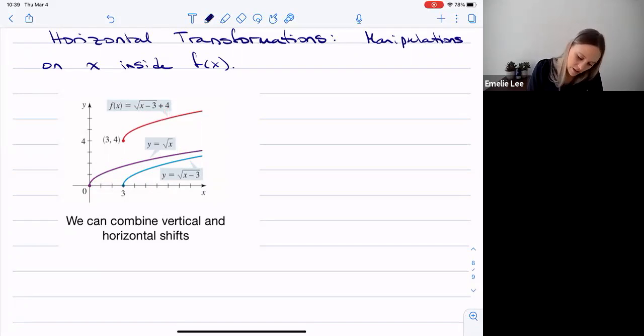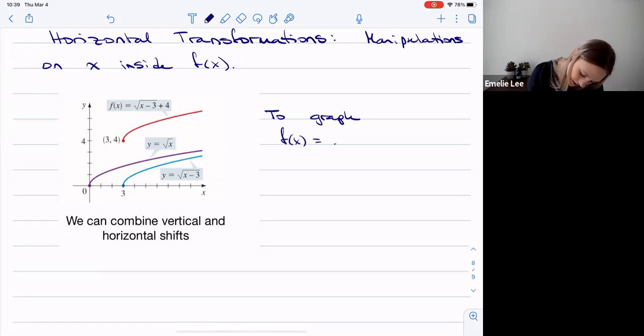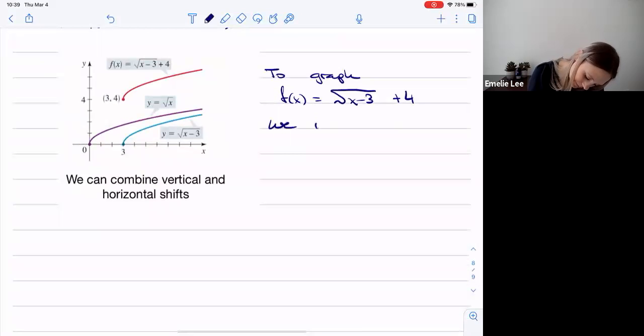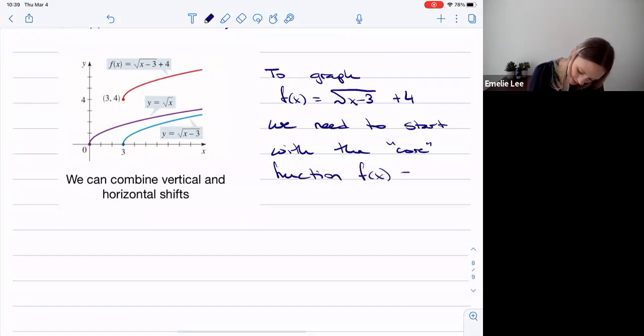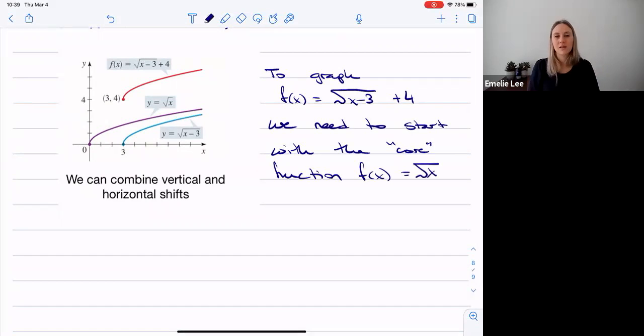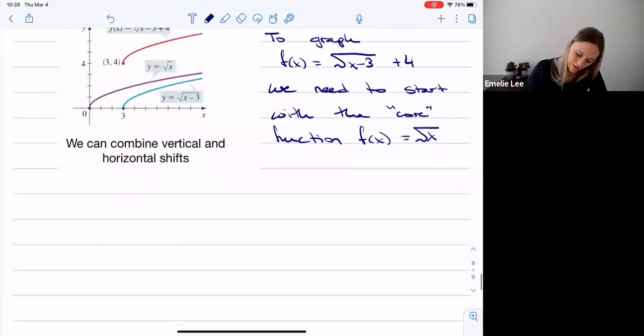And so to graph f of x equals the root of x minus 3 plus 4, we need to start with the core function f of x equals the root of x, and then build up to the bigger function, the transformed function.